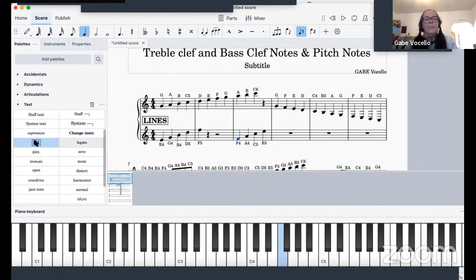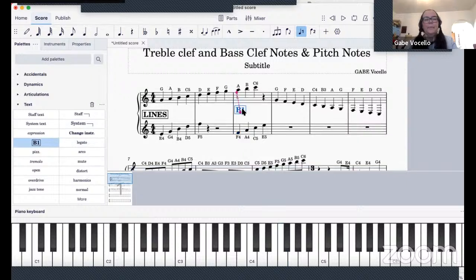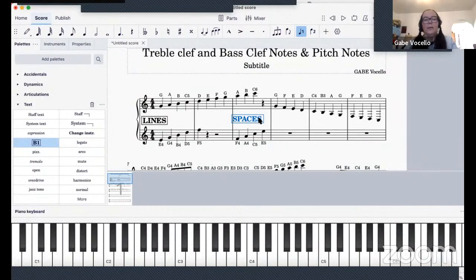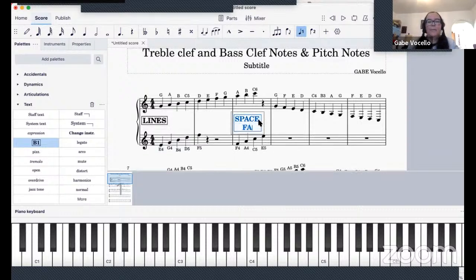Here the spaces. Notes on the space, notes on the line. Notes on the lines are E, G, B, D, F. On the spaces, F, A, C, E. Face.